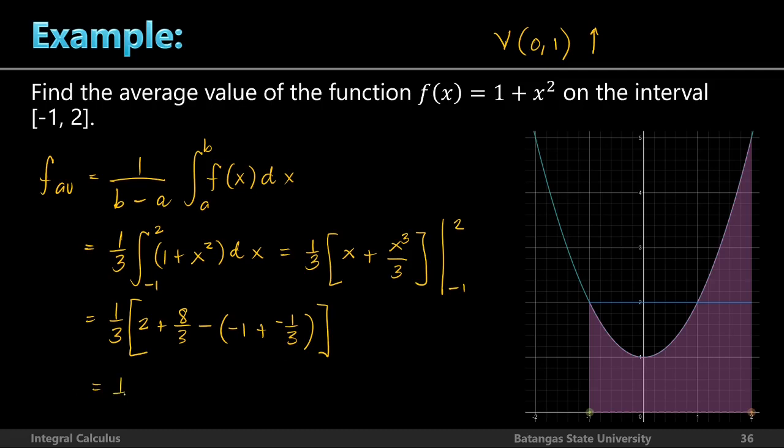Simplifying this, we'll get 1/3 times, so 2 plus 8/3, this is 6/3 plus 8/3, so 6 plus 8 is 14. So that's 14/3 minus, so here I have negative 1 plus negative 1/3, so that's negative 4/3.